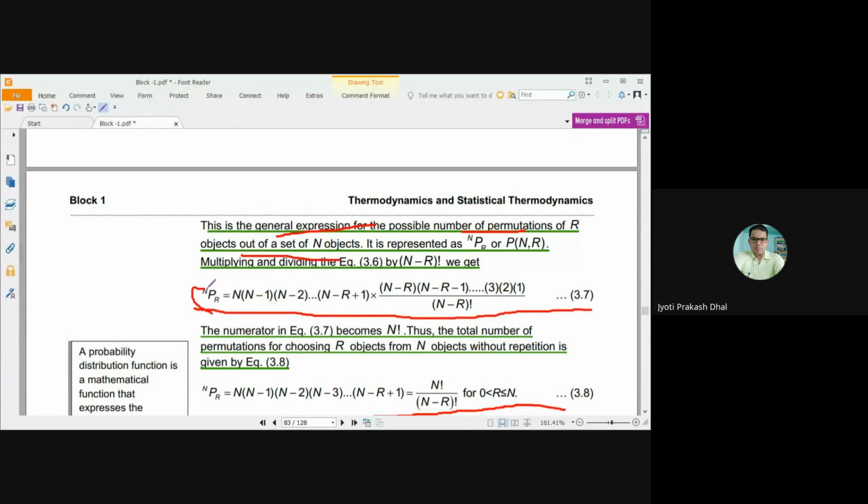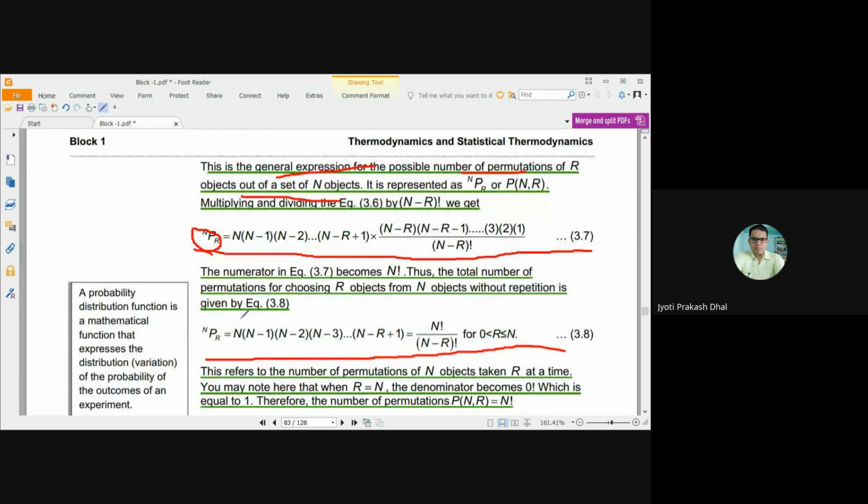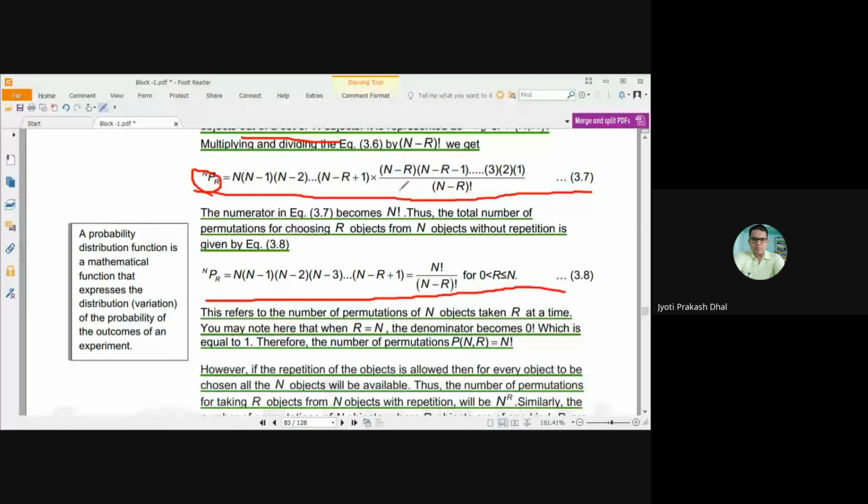So nPr equals n into n minus 1 into n minus 2 up to n minus r plus 1. In this equation 7, the numerator will become n factorial. Thus the total number of permutations choosing r objects from n objects without repetition is given by this equation.